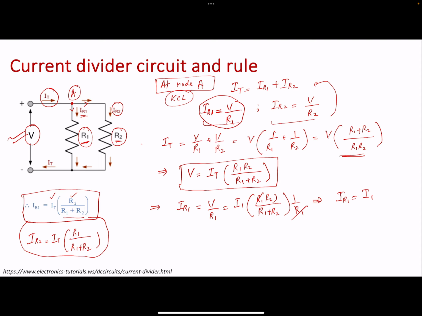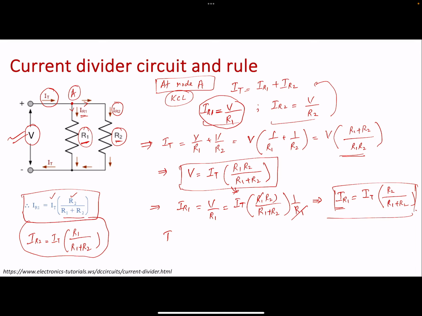So from this equation, V over R1 equals IT times R1 R2 over R1 plus R2 times 1 over R1. So IR1 should equal IT, the total amount of the current, times the other resistance, R2, divided by R1 plus R2.